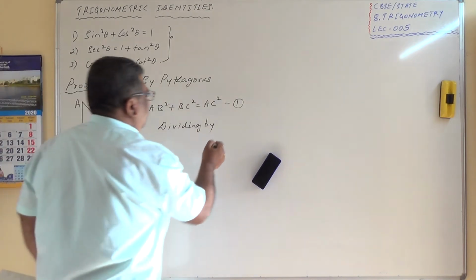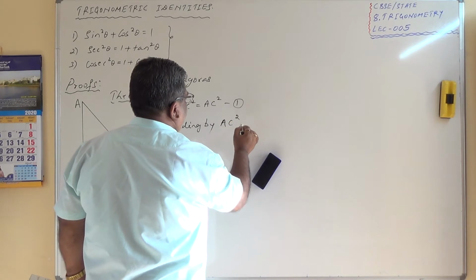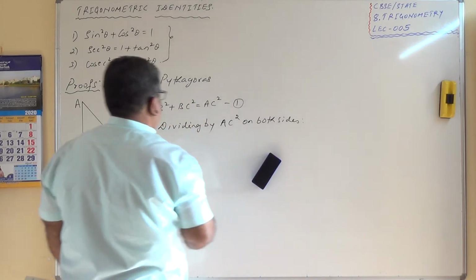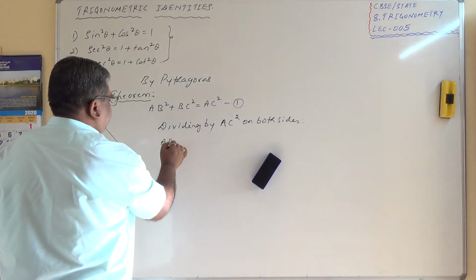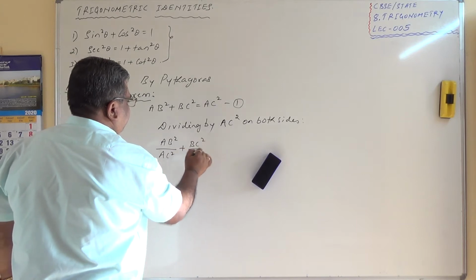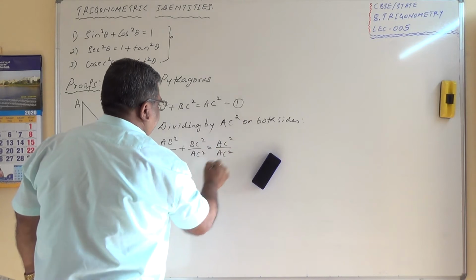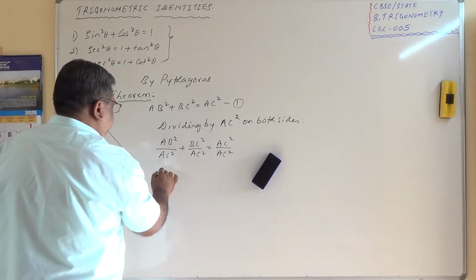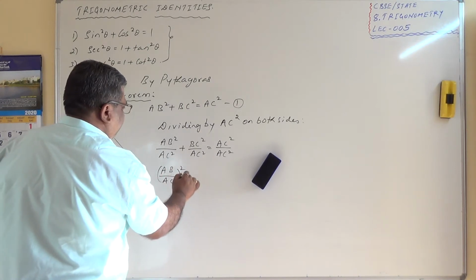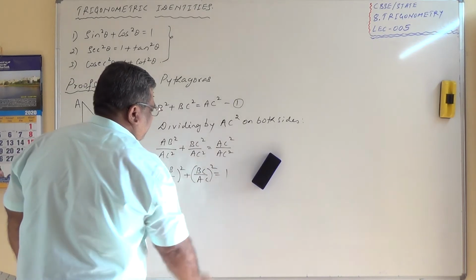So dividing by square of the hypotenuse, AC square on both sides, we get AB square by AC square plus BC square by AC square equals AC square by AC square. So this is AB by AC the whole square plus BC by AC the whole square, which equals 1.